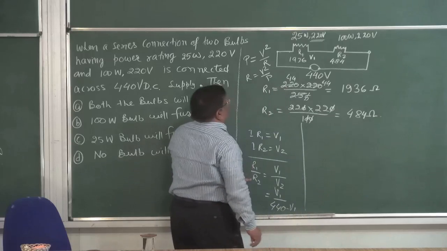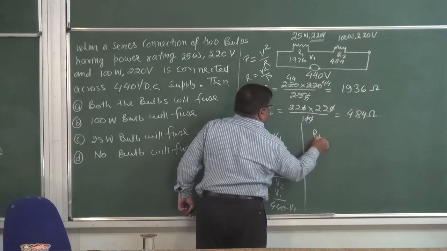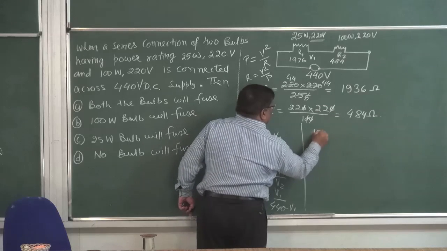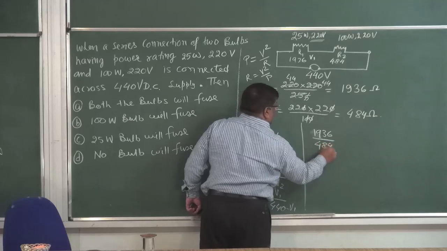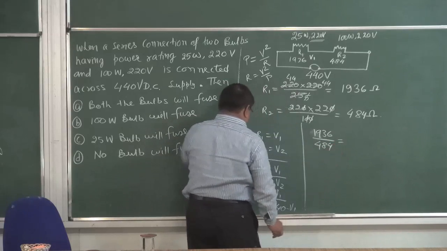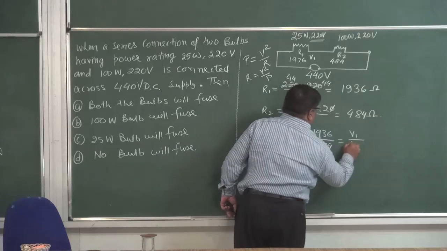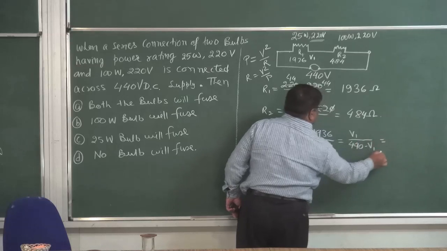So we get it here, R1 upon R2. Put the values, 1936 upon 484 is equal to V1 upon 440 minus V1.